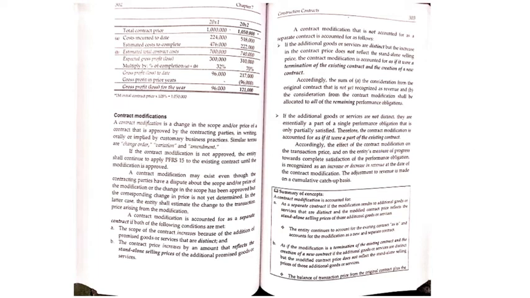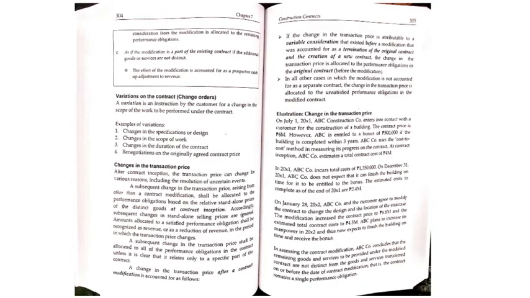But it is easier for us to identify this when we incorporate it in the problems, okay? Yung variation, change order, change in the transaction price. So, essentially, madali lang namang i-comprehend yung dinidiscuss dyan. So, we have to focus in illustrating samples.